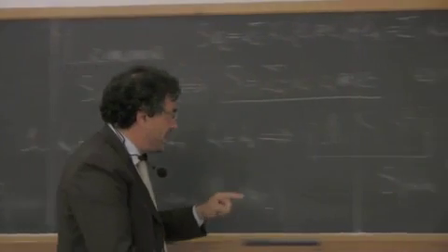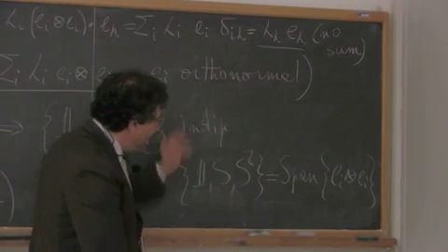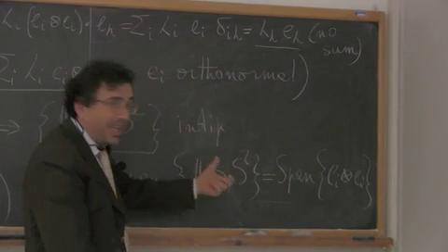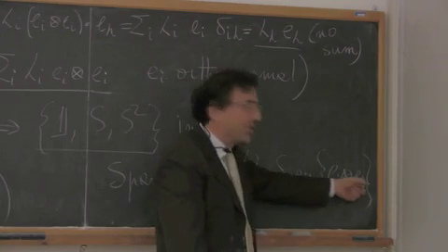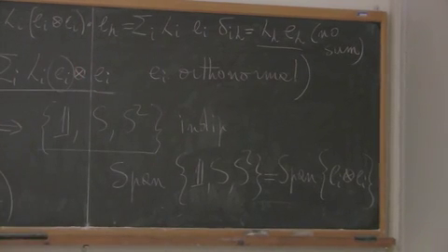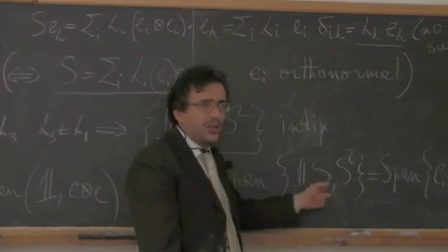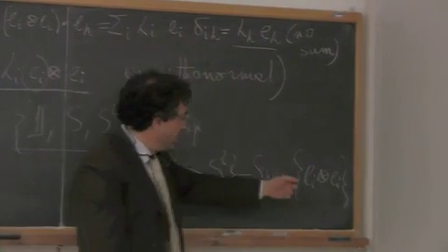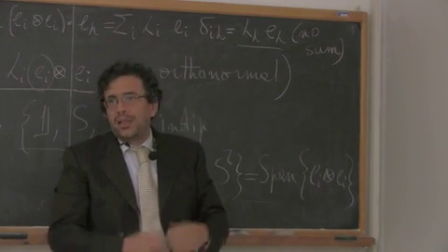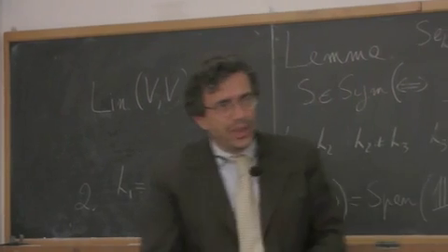But what is important is that the span of 1, S, S square, that is the set of all linear combinations of 1, S and S square, this span is the same as the span of EI tensor EI, where EIs are the eigenvectors of S. So either you consider all linear combinations of these linear maps, or you consider all linear combinations of these tensors, you get the same vector space inside Lin VV. Okay?